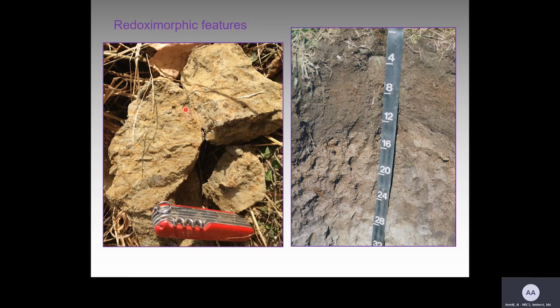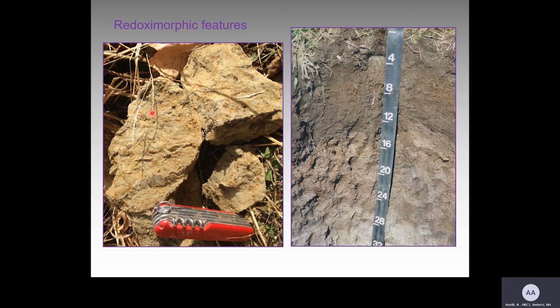So the gray colors are areas where the iron's been removed from the individual soil particles, and the reddish brown colors or the yellowish brown colors or these concentrations of colors are where the iron has precipitated out and recoated those individual soil particles.